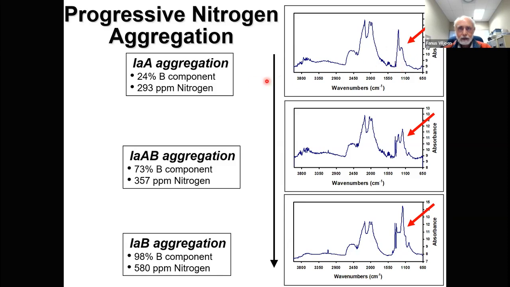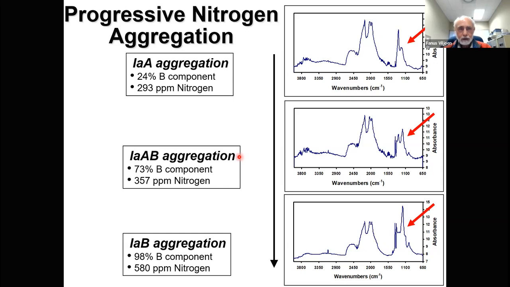This is an individual stone that I've selected specifically to demonstrate this. It contains 24% nitrogen in the highly aggregated B form, and on the order of 300 ppm nitrogen. This is another diamond that I've selected to illustrate what a stone with somewhat more aggregated nitrogen looks like in terms of its infrared spectrum.